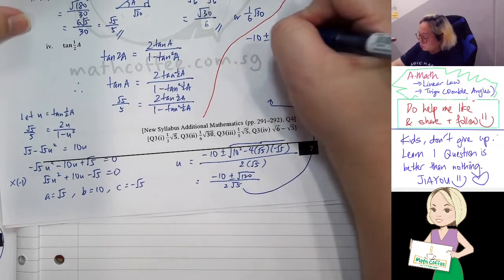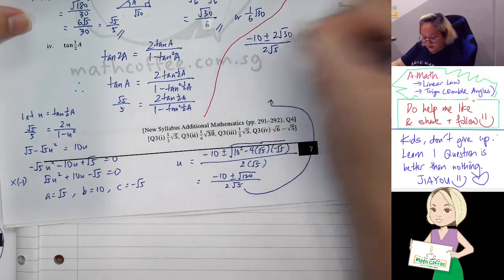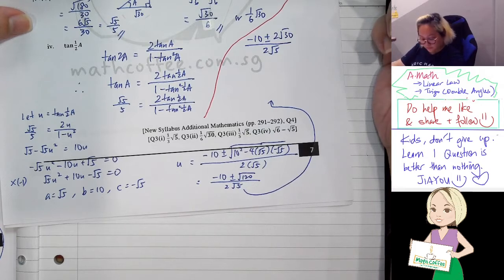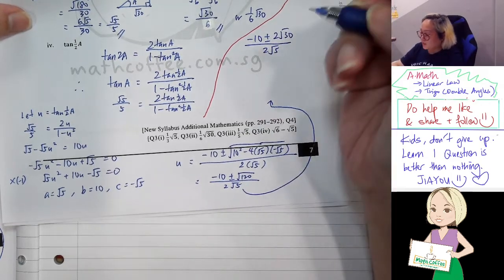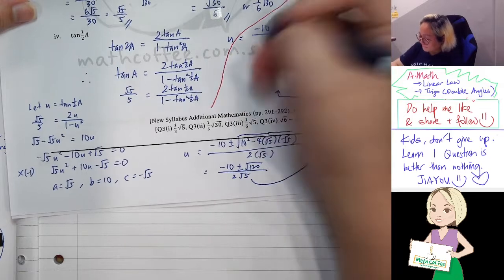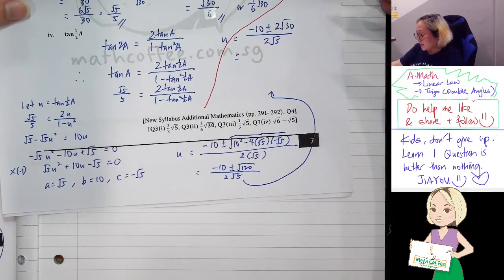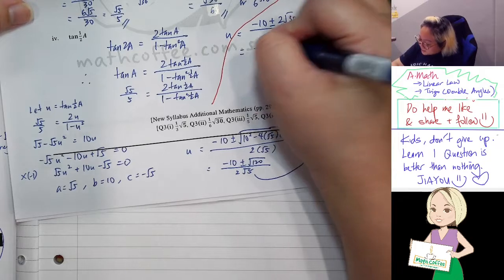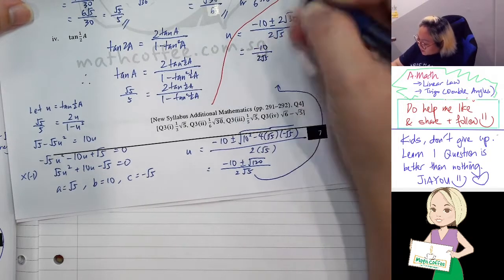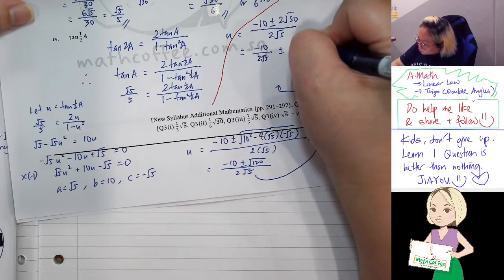So it becomes 2 square root 30 over 2 square root 5. And then we need to further simplify. It's minus 10 over 2 square root 5 plus minus 2 square root 30 over 2 square root 5.